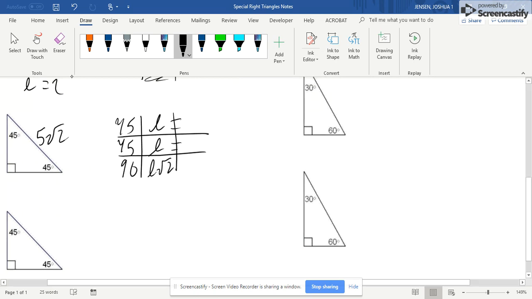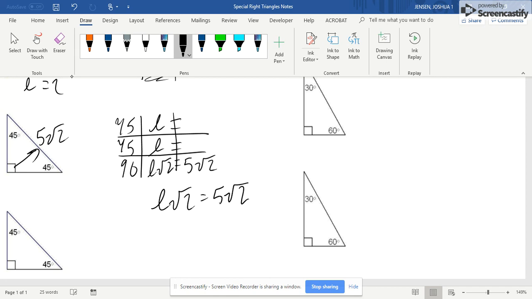While we don't know what the L's are equal to, we know that directly across from the 90 degrees is 5 square root 2. So if L times the square root of 2 is equal to 5 square root of 2, we just divide by that square root of 2 to get rid of it. Those cancel, leaving us that L is equal to 5, which means both legs would be 5. Right?